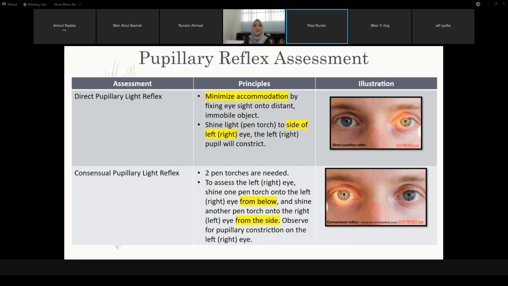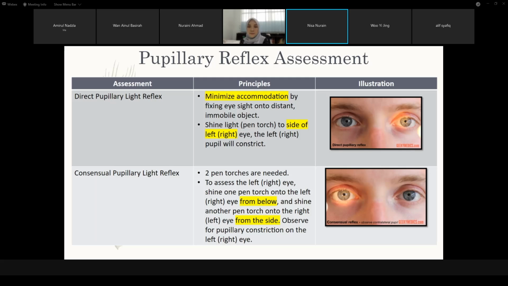For example, ask them to look at the wall or a fixed object, and then we shine the light, which is a penlight, to the side of the left eye, and in the left eye we will see the pupil constrict. Same if we want to assess the right eye, we shine the penlight to the right eye, and then we can see the pupil constrict. As in the illustration in the picture, we see the left eye pupil constrict.